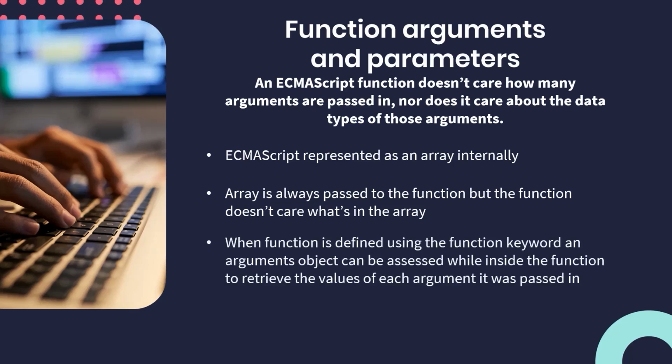In fact, when a function is defined using the function keyword, meaning a non-arrow function, there actually is an arguments object that can be accessed while inside a function to retrieve the values of each argument that it was passed in. The arguments object acts like an array, though it isn't an instance of an array, in that you can access each argument using bracket notation and determine how many arguments were passed in by using the length property.